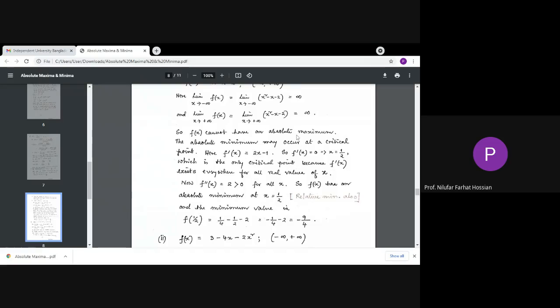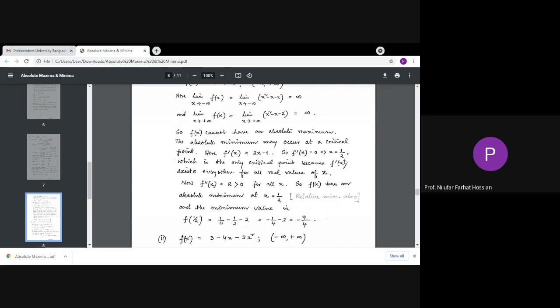There cannot be any absolute maximum, but this critical point may have a relative minimum or relative maximum. So at this point, you see, the function cannot have an absolute maximum, but the function may have an absolute minimum.